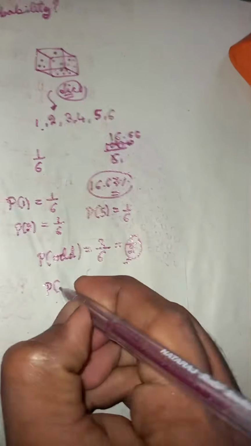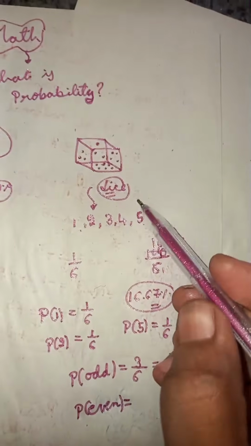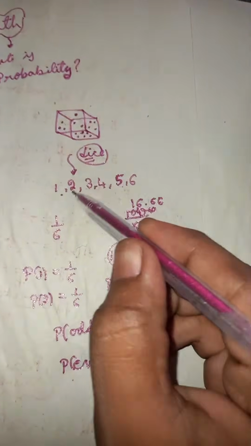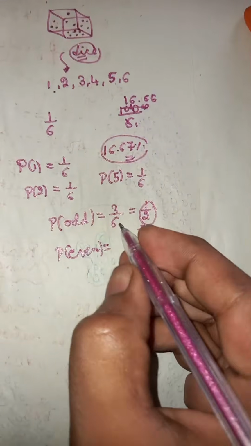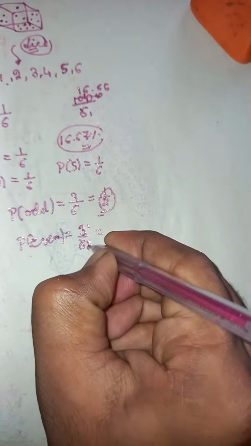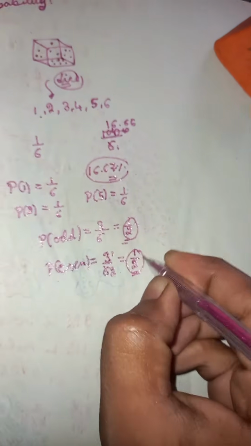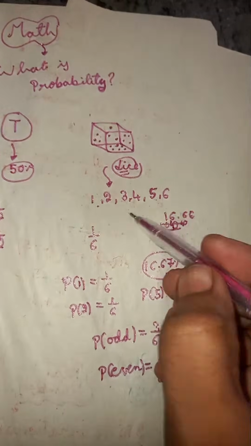In the same way, if you are asked for an even number, there are three even numbers here, 2, 4, 6. So here also you have the probability of 3 by 6, which is the half chance of getting it.